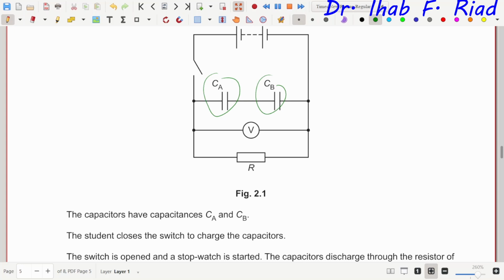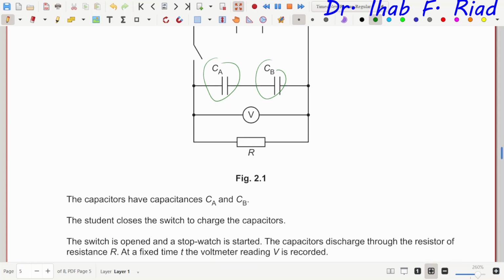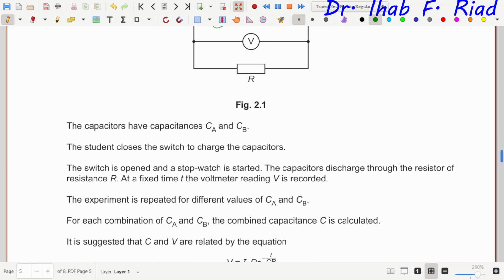You open the switch and you start your stopwatch, and you watch the capacitors discharging, and you watch the voltage falling for a known time t.